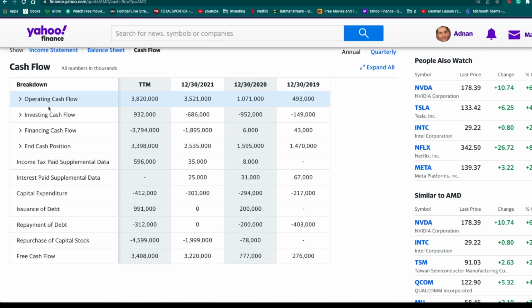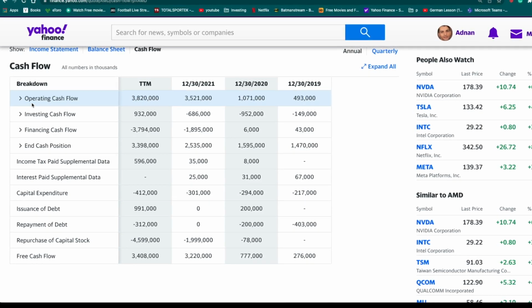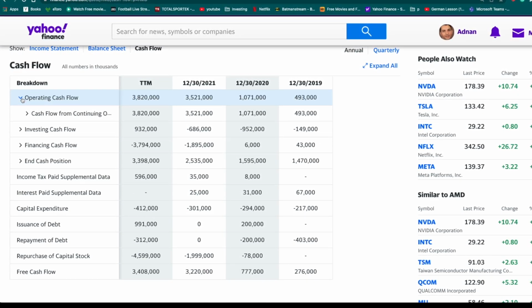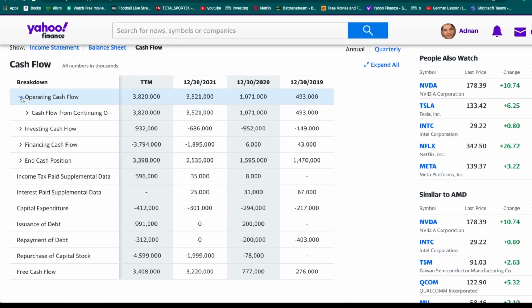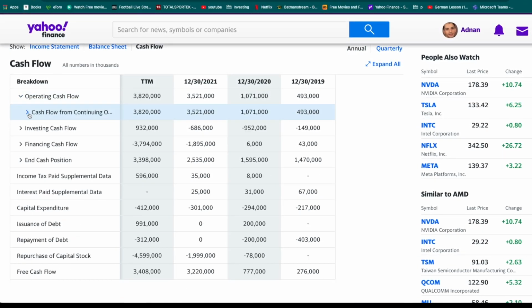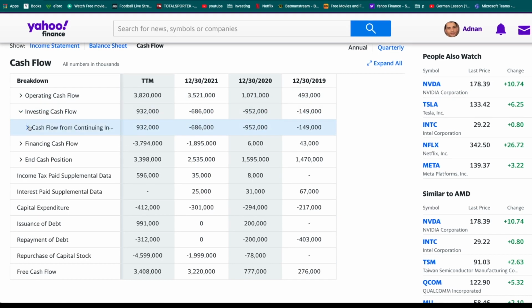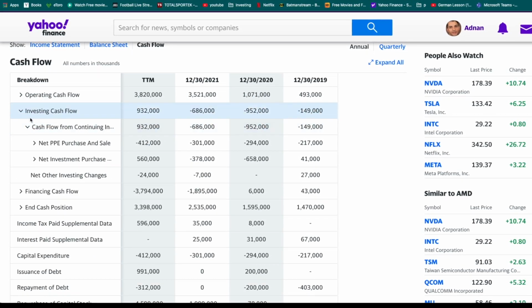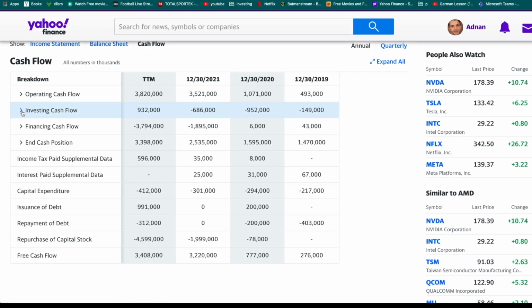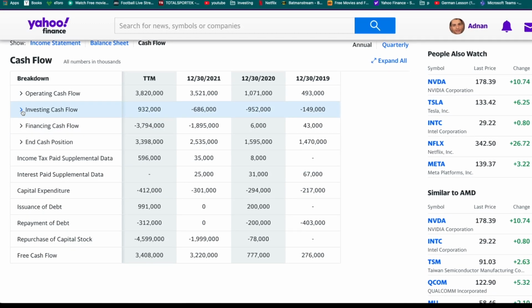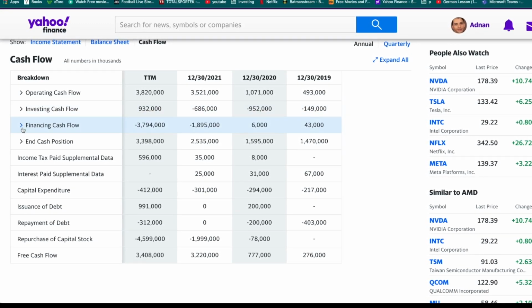The cash flow statement of a company is divided into 4 categories. The first category is the operating cash flow, which is the cash generated from day-to-day operations. Second is the investing cash flow, which tells you how much the company is spending on its own business or if they have acquired a new business.